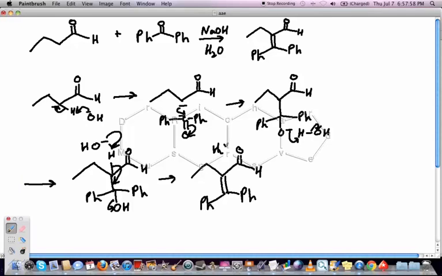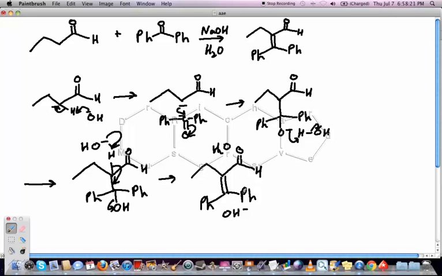Now you'll remember in the aldol, I said that there were many reasons that we got this double bond here, and conjugation was one of those reasons with the C double bond O. But if we've got these two benzene rings here, then we've got even more conjugation going on, also a whole lot more substitution going on. So this is a very easy double bond to form in this instance.